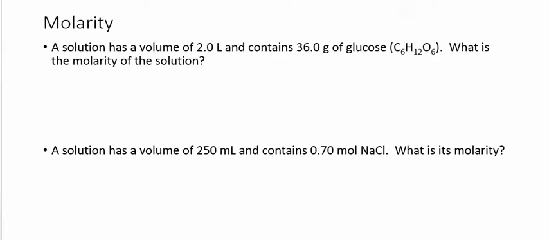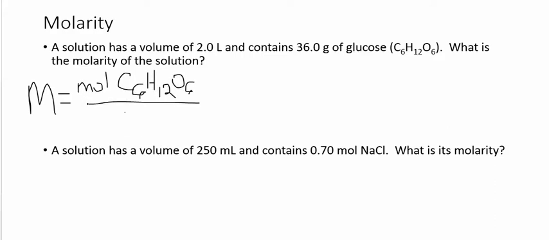So let's look at some examples with molarity. The first one, I want to know the molarity of the solution. In this case, it's going to be moles of glucose, which is C6H12O6, divided by liters of solution. Because glucose is my solute, I have 36 grams of glucose.